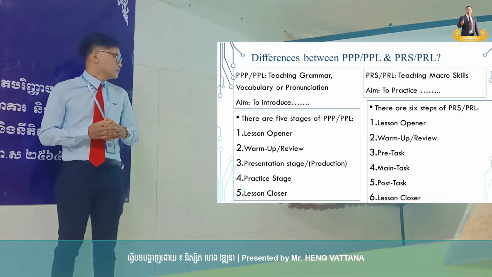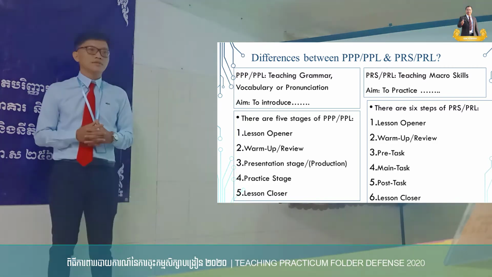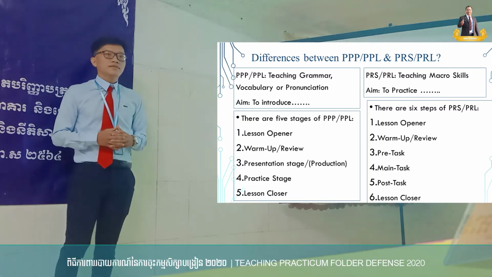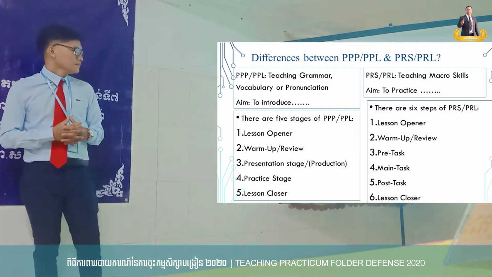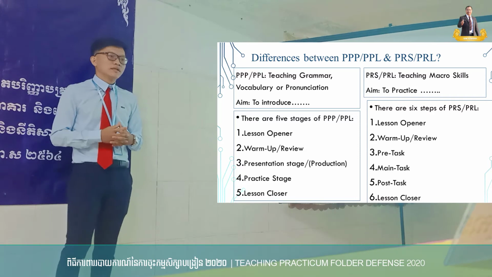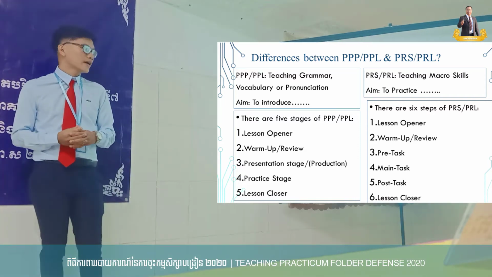And the last, the fifth stage of PPP, is the lesson closer. The teacher will review or summarize the whole lesson and tell their students to study hard and not to forget to do homework.